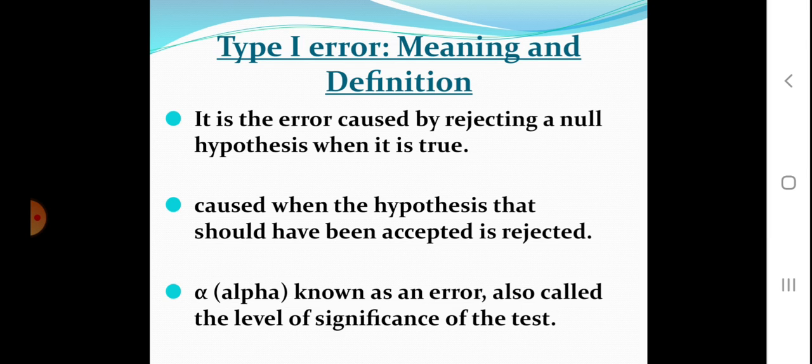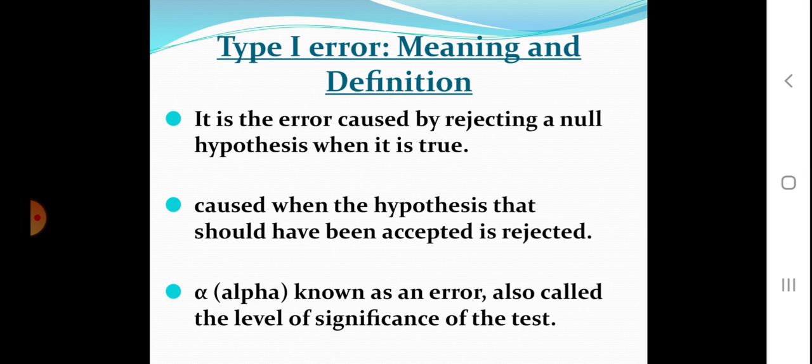Type 1 error in statistical hypothesis testing is the error caused by rejecting a null hypothesis when it is true. A Type 1 error occurs when we incorrectly reject the null hypothesis, that is H0. We reject H0 when in fact it is true.